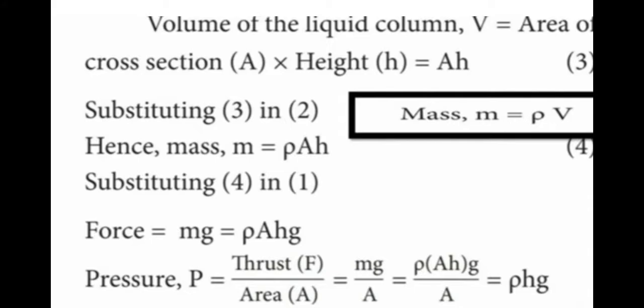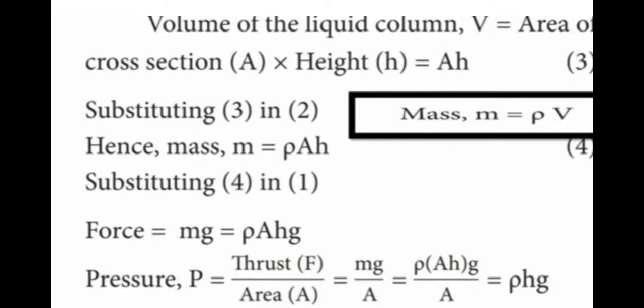Now we want to find out the pressure. What is the formula for pressure? P is equal to thrust F divided by area, which is mg divided by A. Substituting the mass here, rho Ahg divided by A. A gets cancelled.